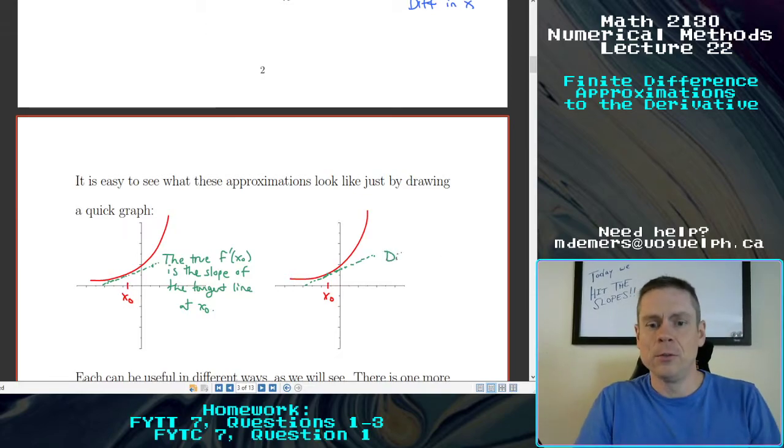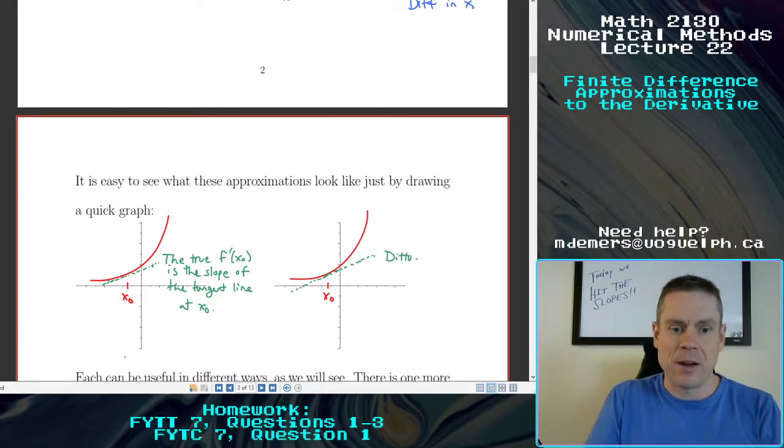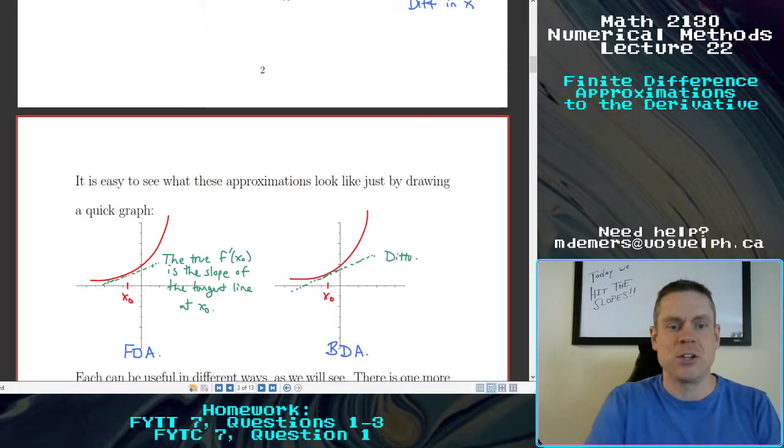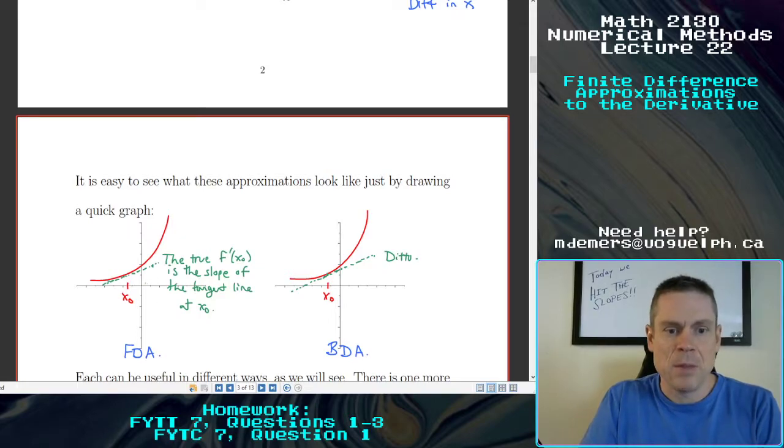Okay, so ditto. The difference is, how are we going to estimate this thing? Well, let's take a look. For the forward difference approximation versus backward difference approximation, what I'm essentially doing is taking a nearby point, and let's use a slightly different color. Maybe this is a big step, but x0 plus h is right here.